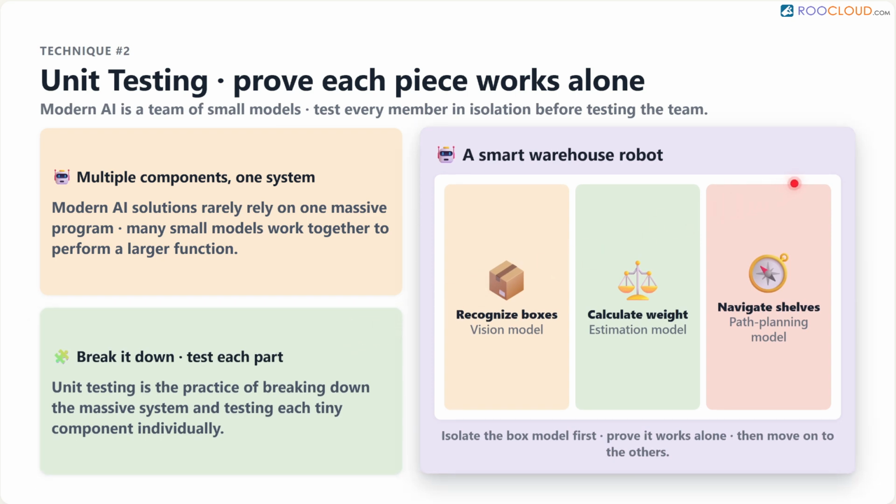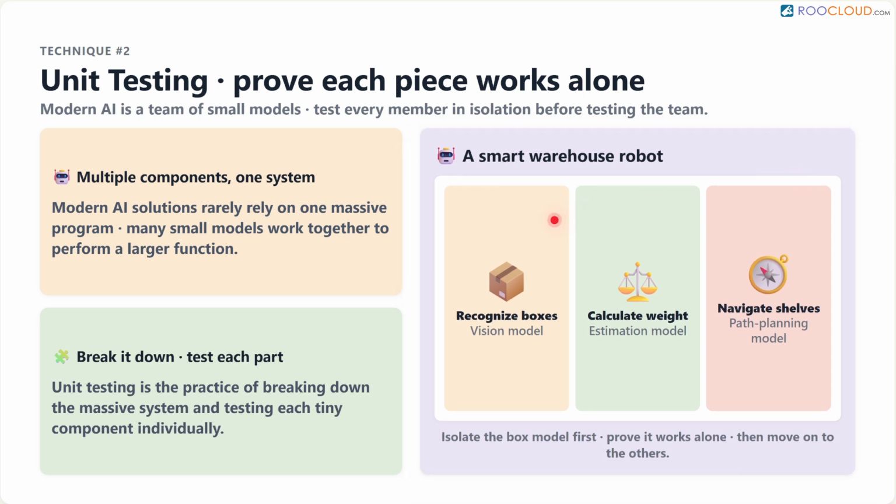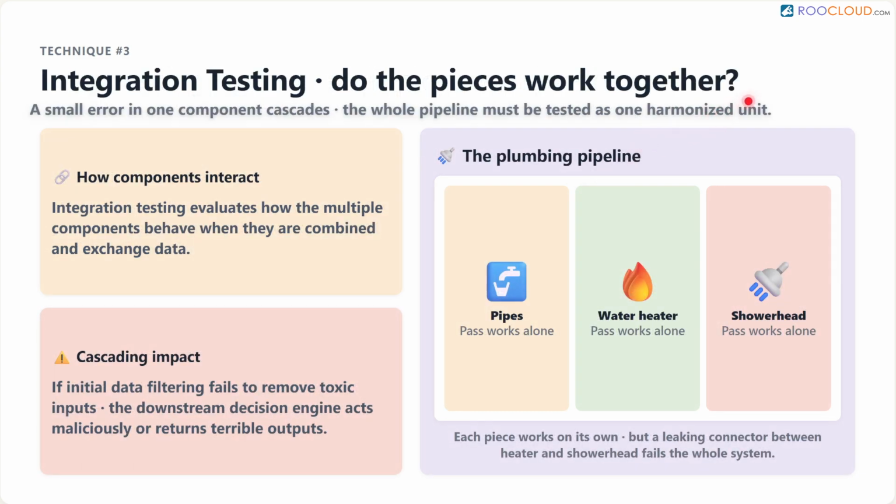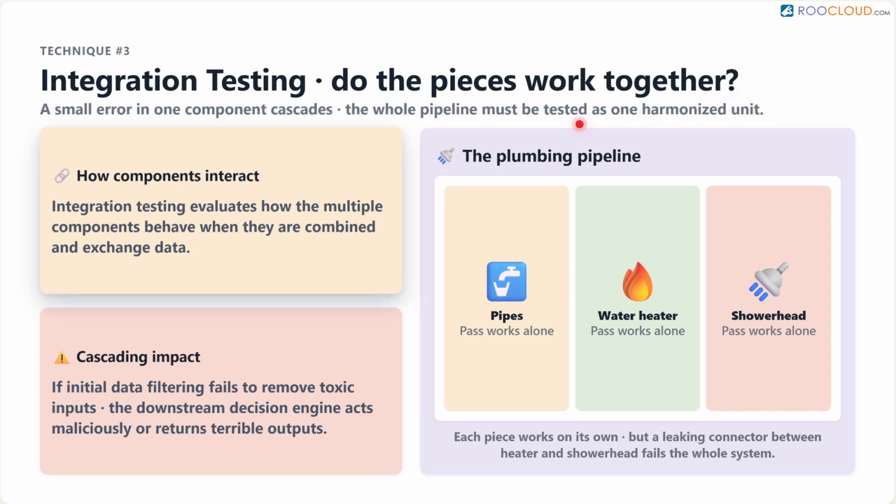For instance, consider a smart warehouse robot. It uses one model to recognize boxes, another to calculate weight, and a third to navigate around shelves. Unit testing involves isolating just the box recognition model and proving it works perfectly on its own before testing anything else. Once you know the individual pieces function correctly, you move on to integration testing.